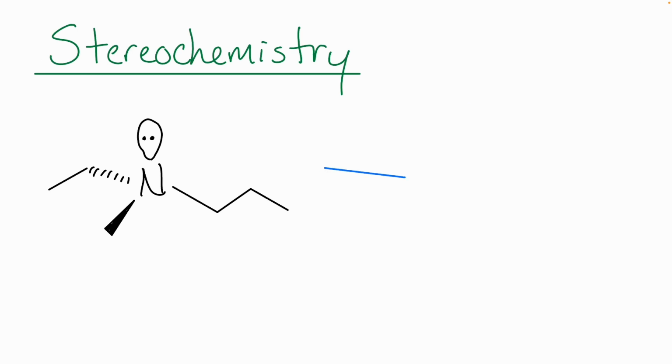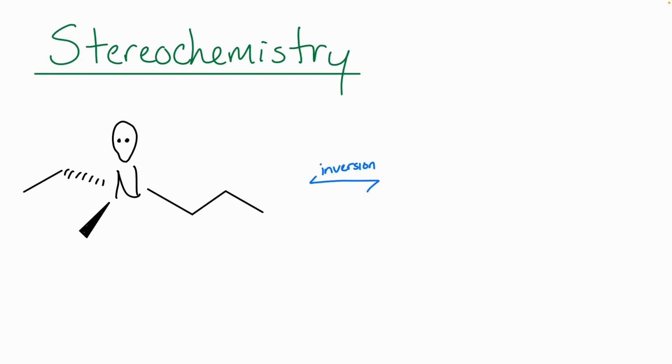But amines can do this magic thing called an inversion, where that lone pair of electrons magically teleports to the other side of that nitrogen. And so in this way, your nitrogens are always undergoing these inversions, so they wouldn't hold any sort of stereochemistry difference.